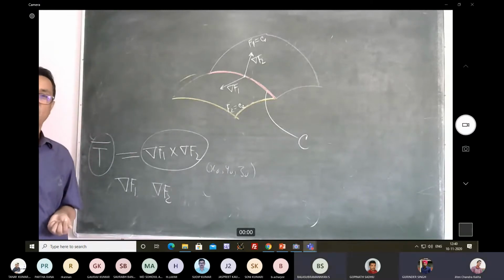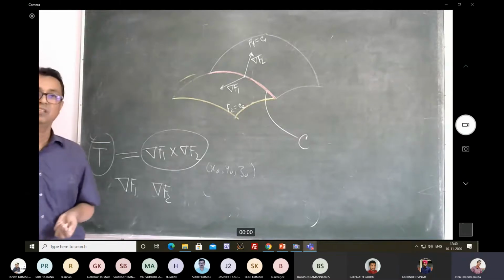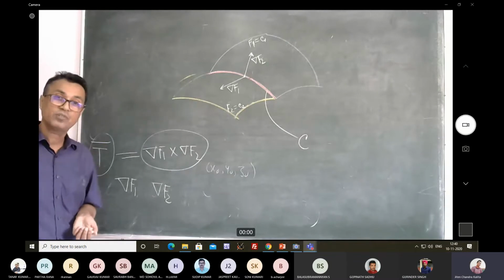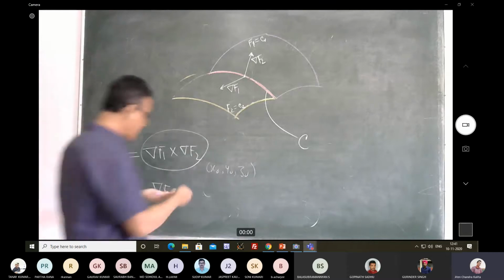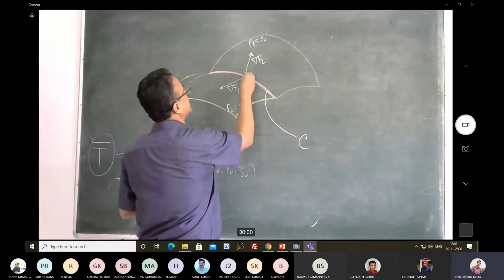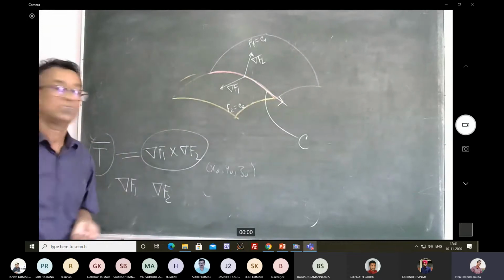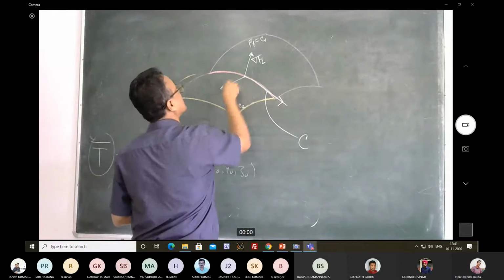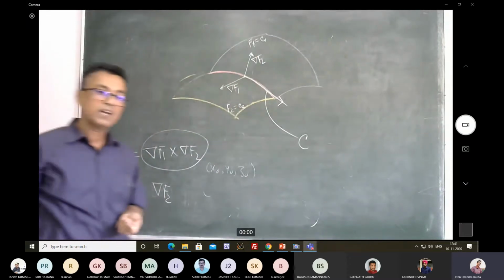Right? At that particular point, they are going to form a triad: grad f1, grad f2, and this T. Then at this point, if you have another vector which is perpendicular to grad f1 as well as grad f2, then what must happen?